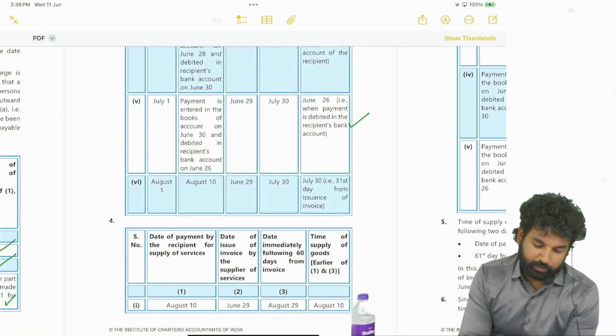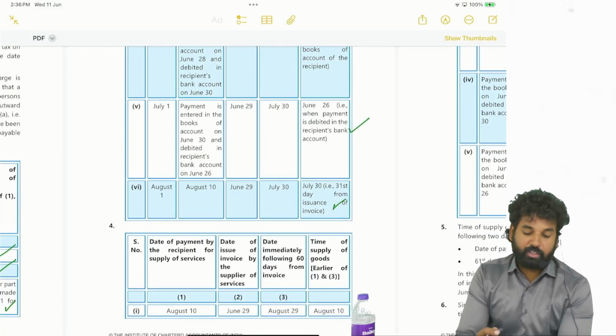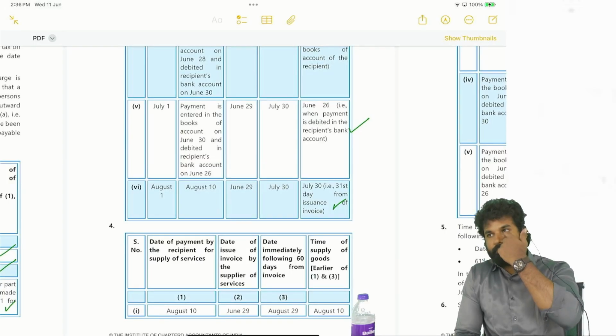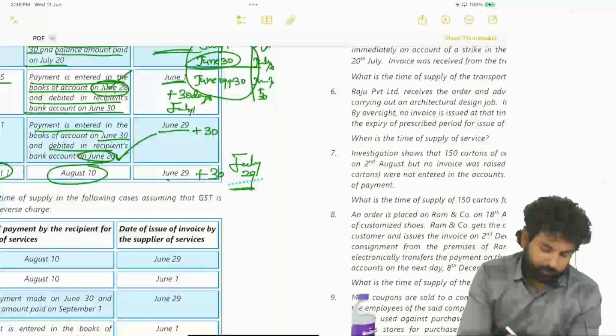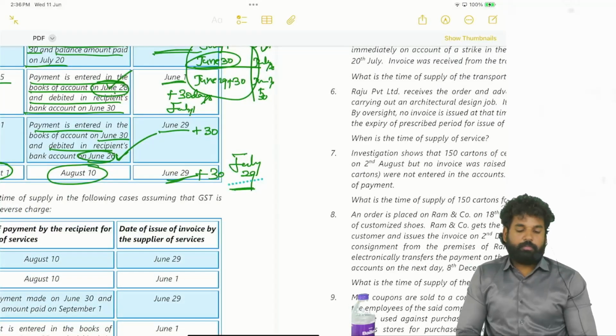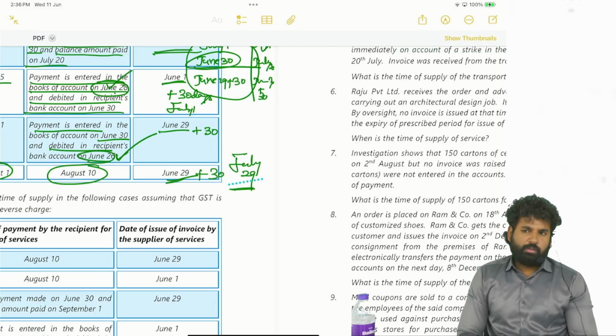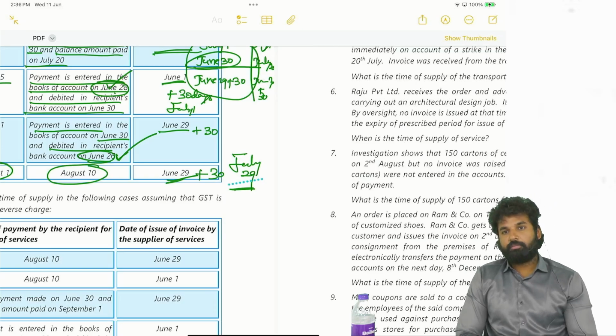Next, July 30. July 30 or 31st day. We got this 29, July 30. 31st day, correct. 30 days plus 1.